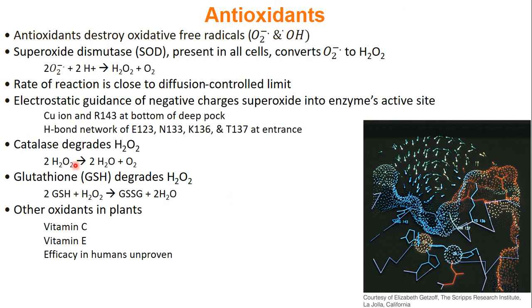Now, once you make hydrogen peroxide, you have another enzyme called catalase that breaks that down into water and oxygen. You also have glutathione, which will take this hydrogen peroxide, break it down into water, and it will form disulfide bonds. Other antioxidants we can get from plants, such as vitamin C and vitamin E, although we aren't sure these actually work in humans as antioxidants.